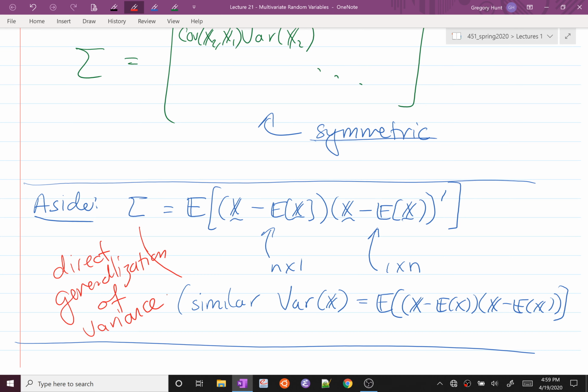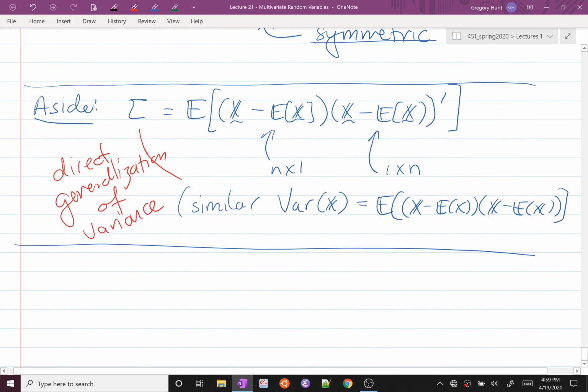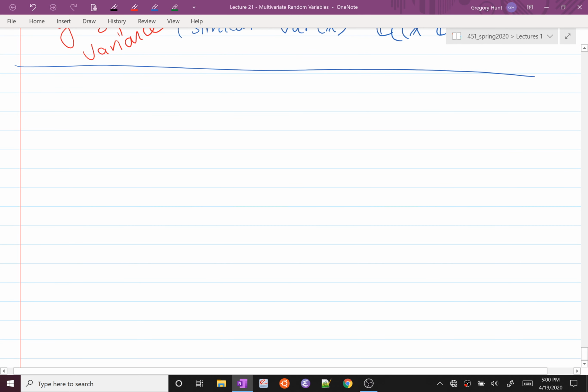We already said that this covariance matrix is symmetric. We have some theorems about how covariance matrices behave. So let's write out a theorem. It's mostly pretty simple linear algebra, so I'm not going to go through all the proofs here, but you can think about why these are true.